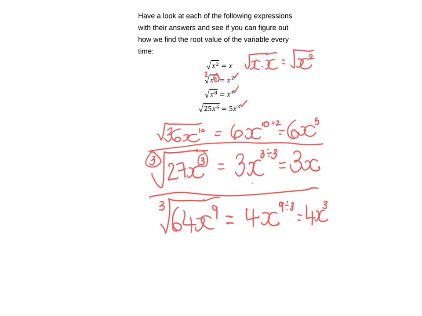Right, I think that's enough of that. Let's move along to how to square or cube or raise to any power for that matter an expression. Okay, especially with algebra.